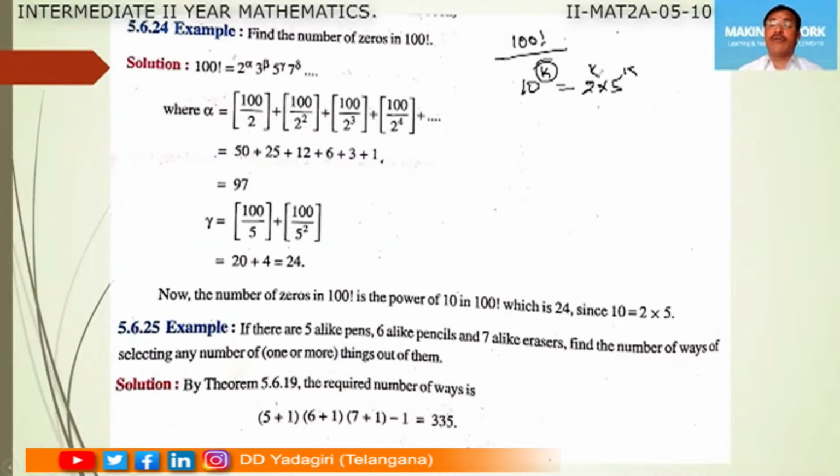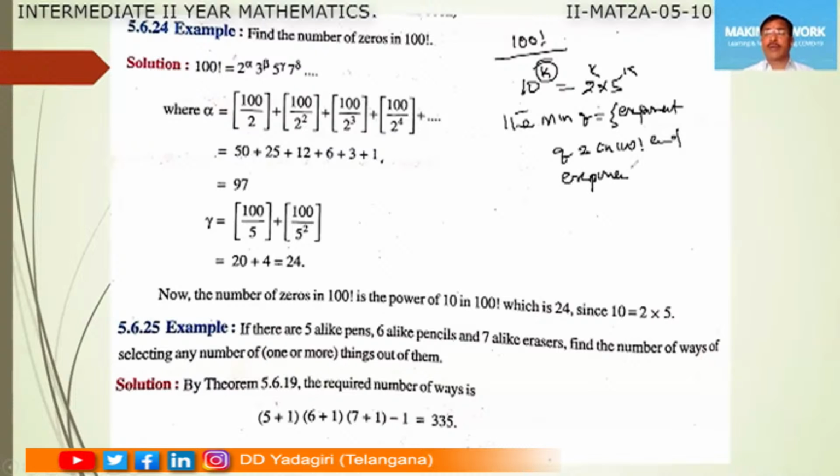The minimum of the exponent of 2 in 100 factorial and the exponent of 5 in 100 factorial is equal to the number of zeros.